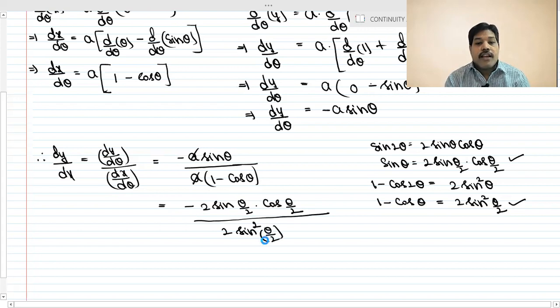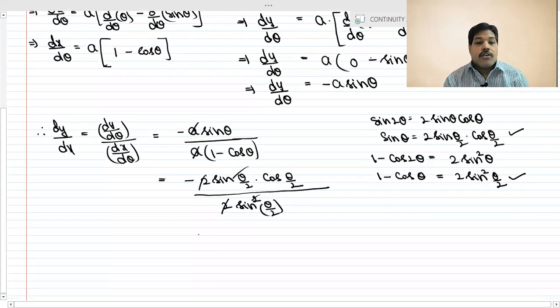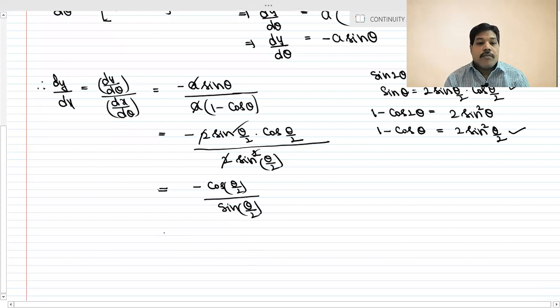The 2 will be cancelled, and sine theta by 2 and the square will be cancelled. So automatically it becomes minus cos theta by 2 by sine theta by 2. Finally, what will we get, students? It will become minus cot theta by 2.